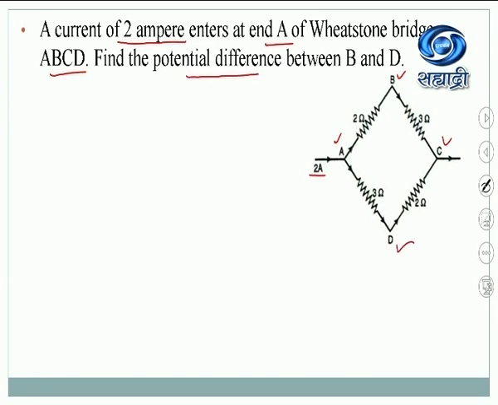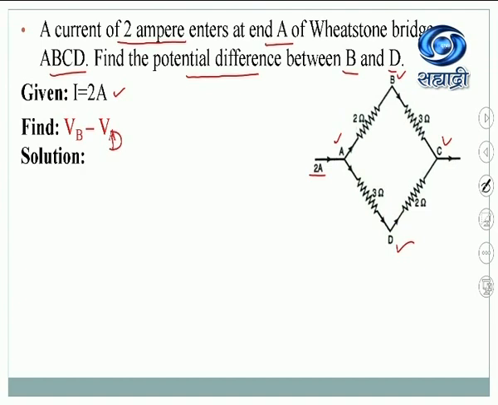Find the potential difference between B and D. A simple circuit is given here. So what is given? Current I is equal to 2 ampere. And what we have to find out is the potential VB minus VD. We shall try to solve this.